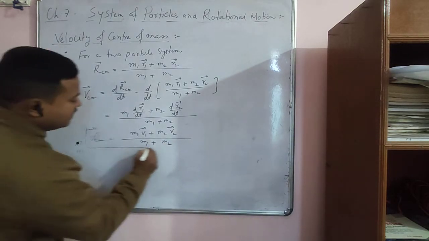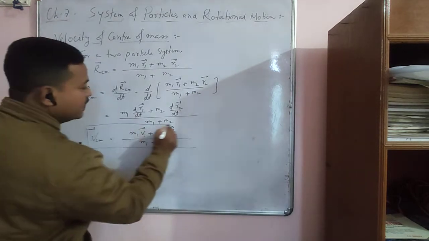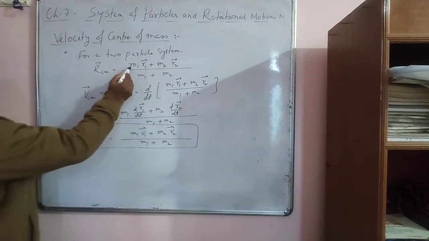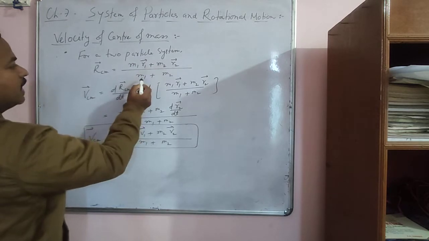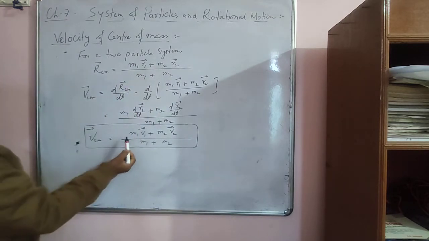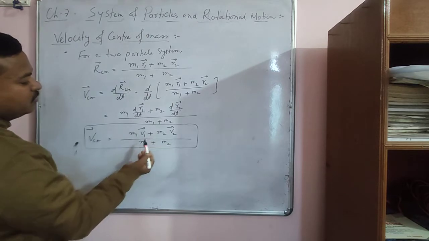You see, we have similar expressions: in position vector you have M1 R1 plus M2 R2 by M1 plus M2, and in velocity you have M1 V1 plus M2 V2 by M1 plus M2.